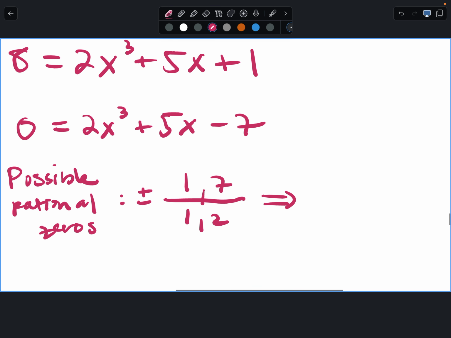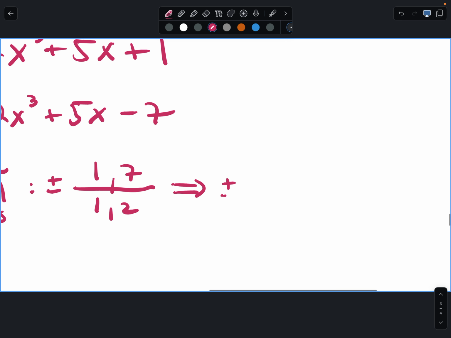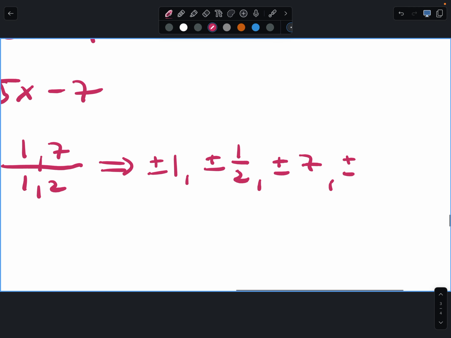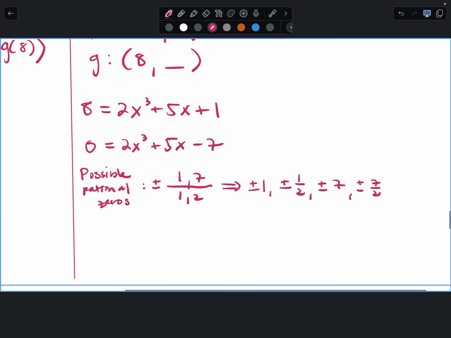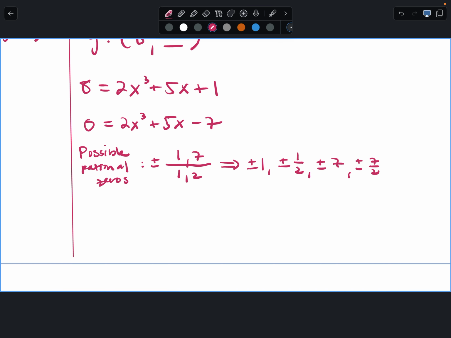So that means our possible rational zeros would be plus or minus 1, plus or minus 1/2, plus or minus 7, plus or minus 7/2. And you guys saw last year, whenever you were trying to factor, what did you do to test the zeros? Synthetic division, right? To see if you get a remainder of 0.